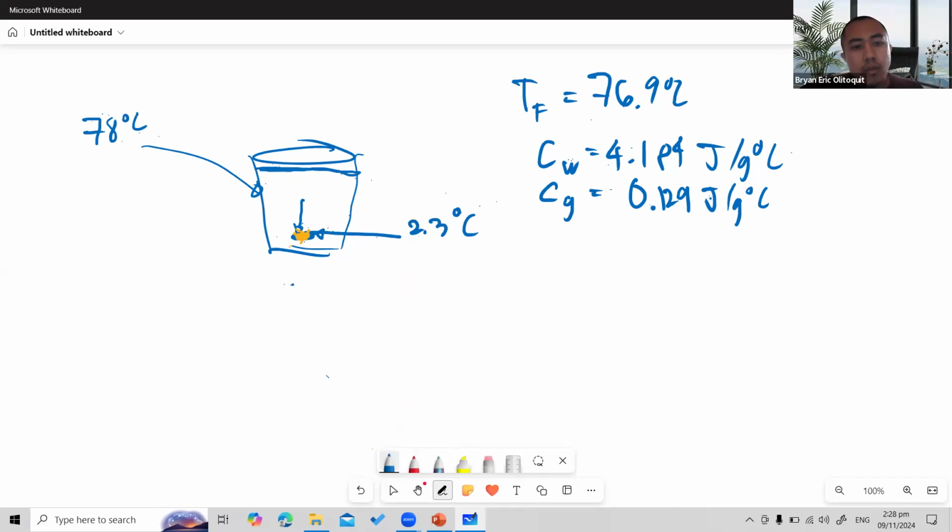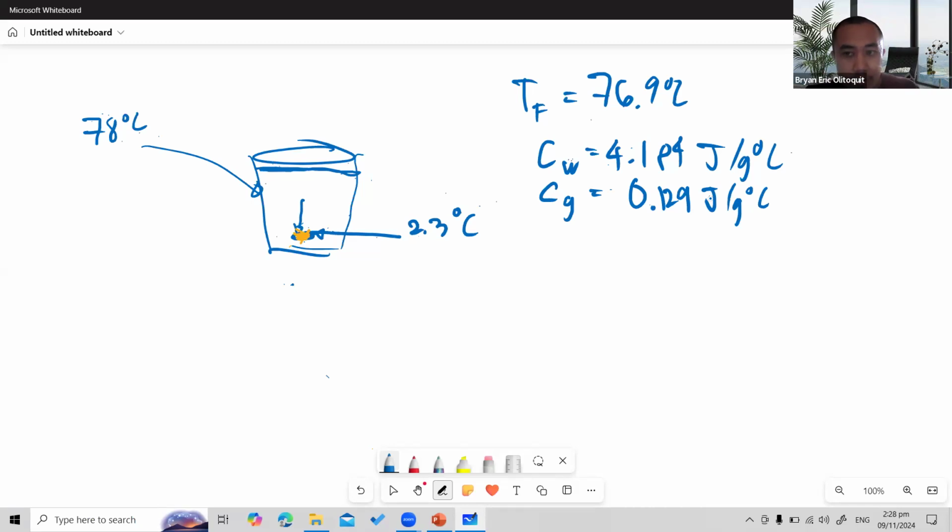Kung papasok dun sa gold yung init or yung heat, what will happen? Tataas yung temperature ng gold and bababa ngayon yung kinuhanan mo ng heat, which is ito yung tubig.